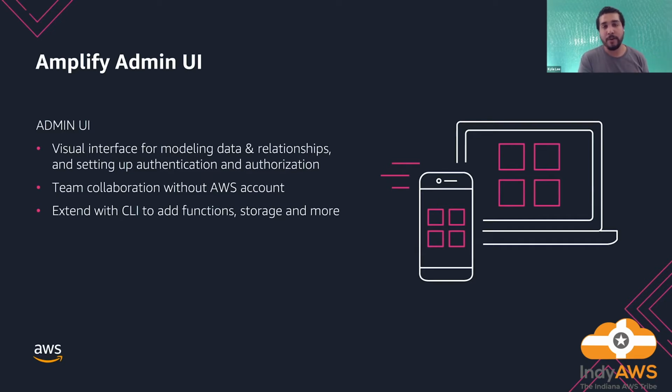Like I said, the categories are going to determine which resources you want to use, and the admin UI puts a GUI around that so that you can easily set those resources up. So I'll be showing you that right in a couple seconds.